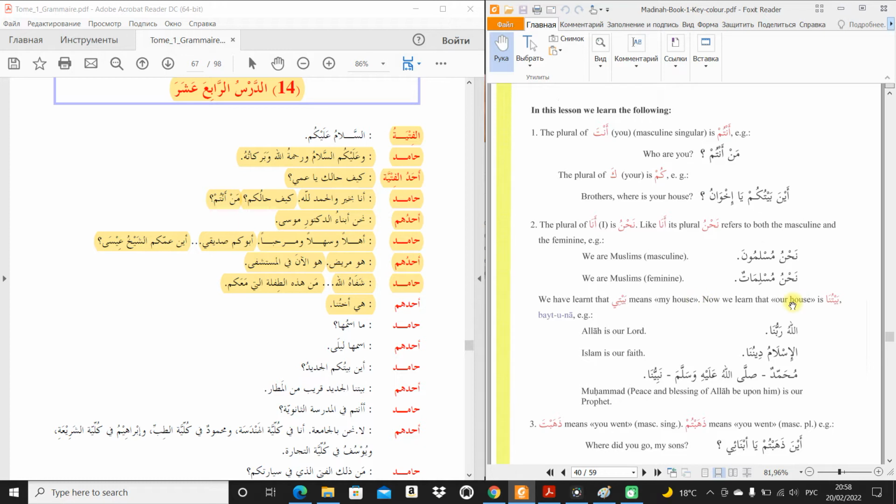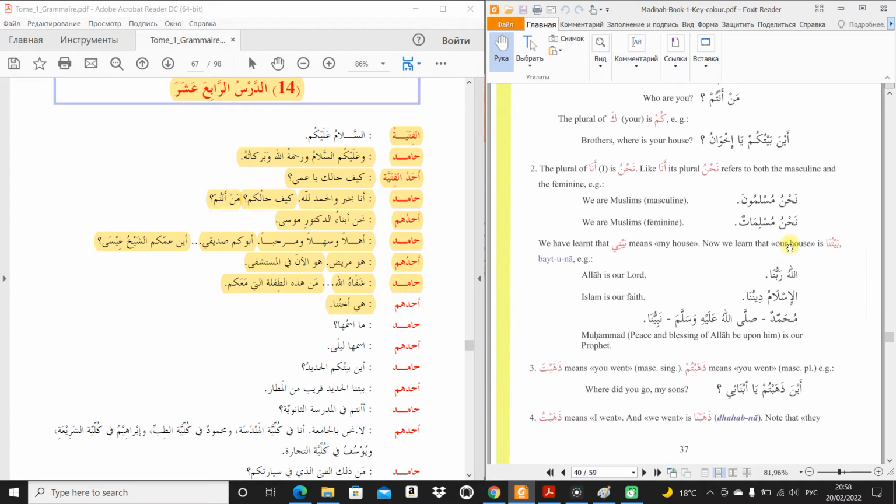Now we learn that our house is baytuna. So nahnu means we, like nahnu muslimuna, we are Muslims. And by the way, it refers to both the masculine and the feminine. Nahnu muslimuna, we are Muslims, masculine. Nahnu muslimatun, we are Muslims, feminine. So nahnu means we, just like in the English language.